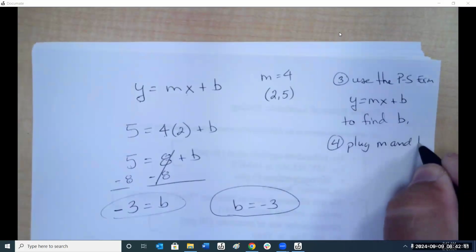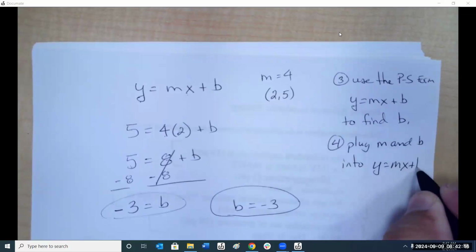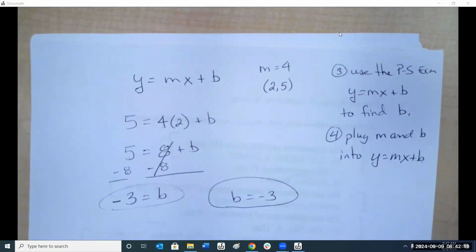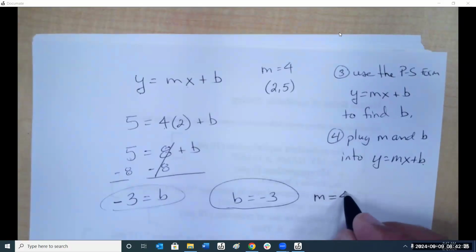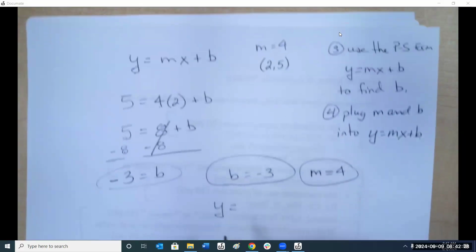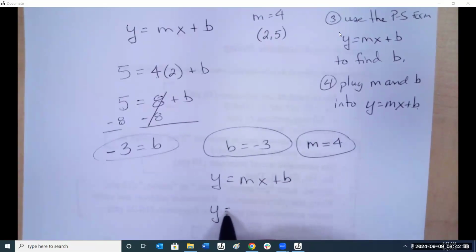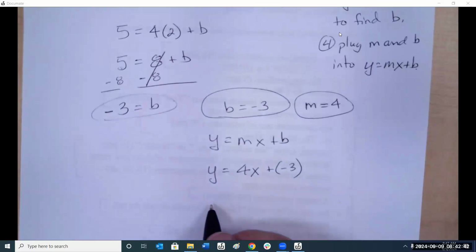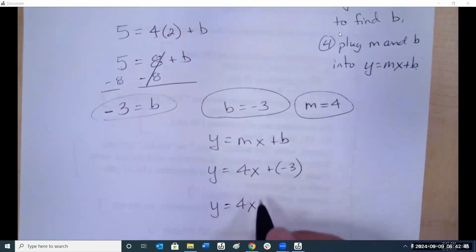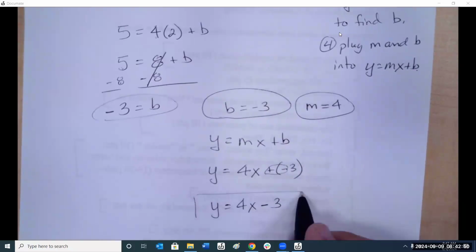Plug m and b into your equation, and you're done. So the b is -3, the m is 4. So y equals 4 times x plus -3. Opposite signs becomes a negative. There's your answer.